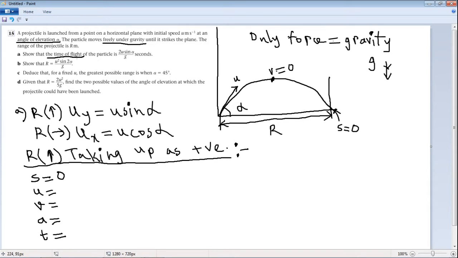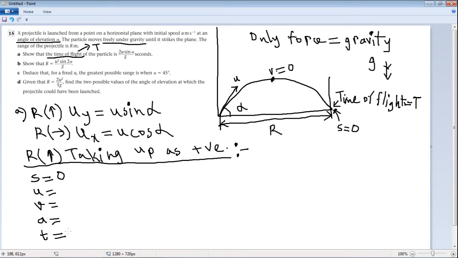So let us mark the time of flight. Time of flight is t, capital letter T. Let this be t.